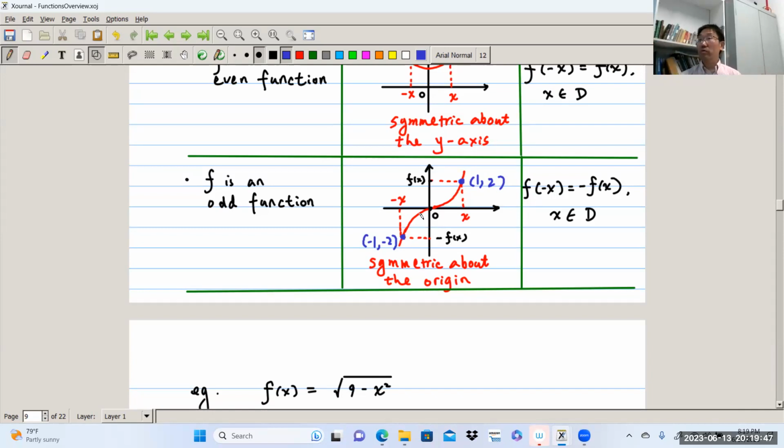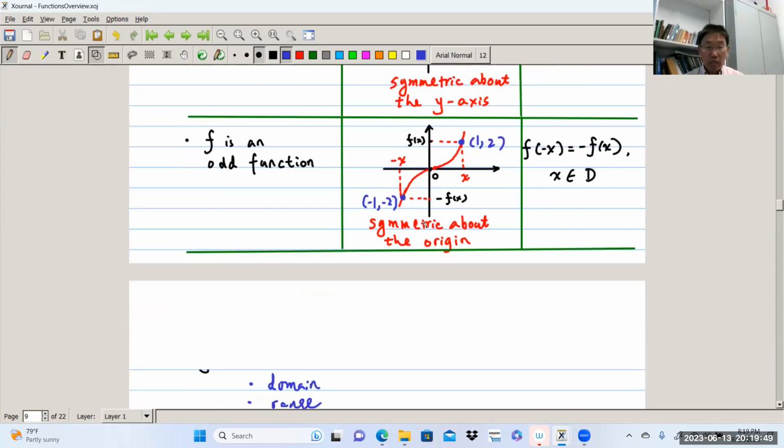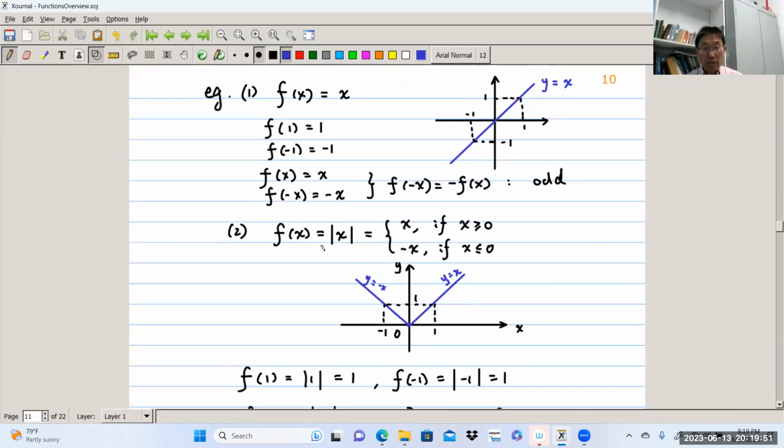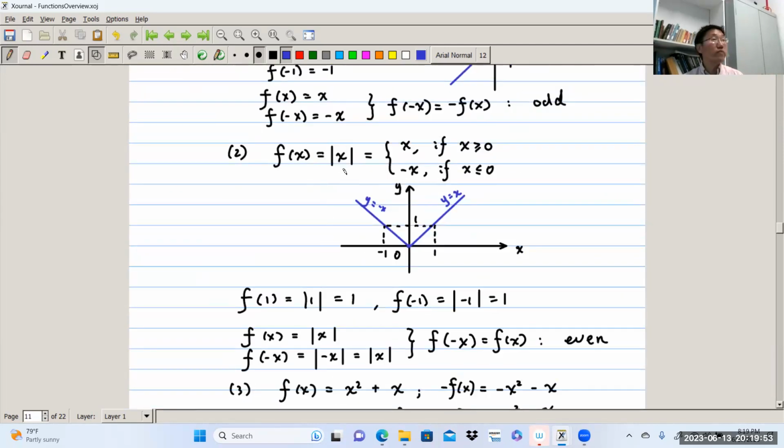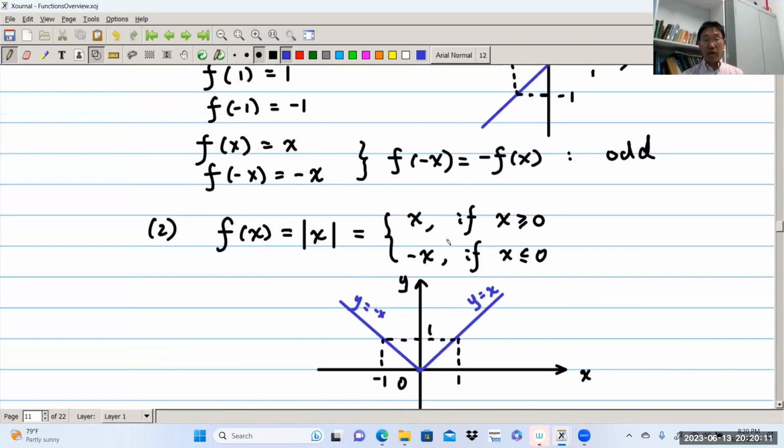Okay. Now let's consider this example here. f of x equals the absolute value of x, and we can write this function in a piecewise manner. Remember, if x is greater than or equal to 0, the absolute value of x is just x itself, because x is non-negative. If x is less than or equal to 0, then the absolute value of x becomes its opposite, so it's negative x.